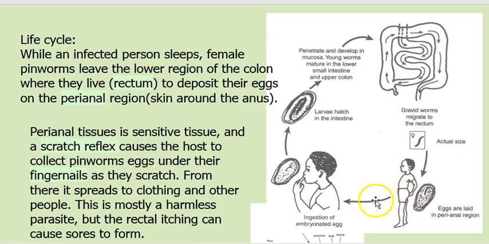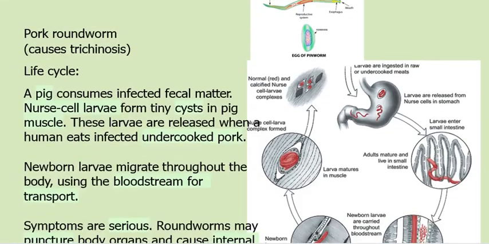And so the victim scratches, maybe ingests some of them accidentally and gets them in the clothes, spreads them to the family, and pretty soon the pinworms, uncles, aunts, brothers, cousins are getting pinworms, right? It's a fairly common worm. Even in wealthy communities we see it.